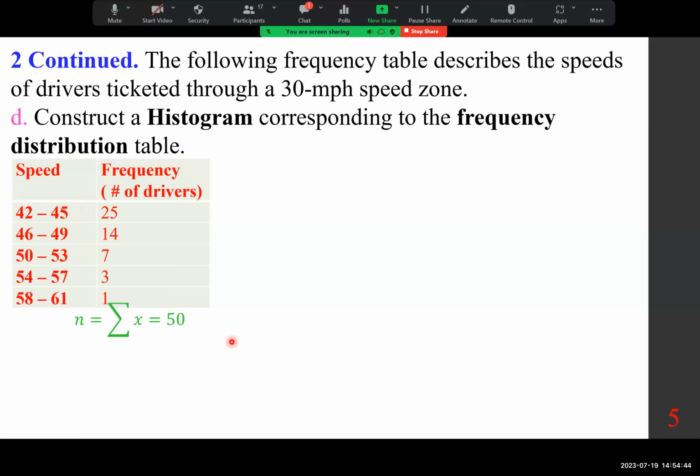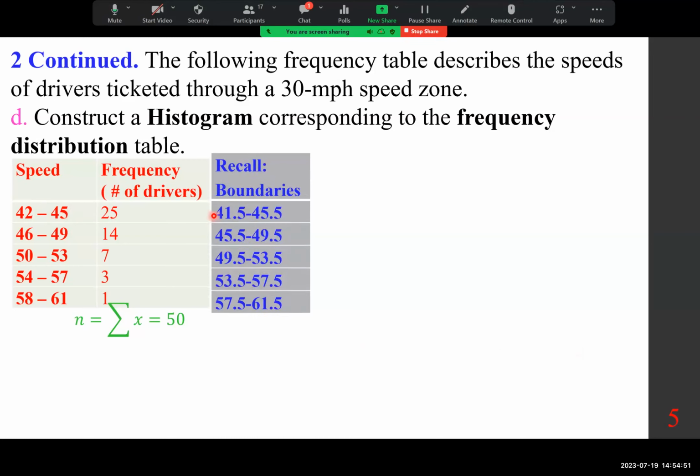So draw a horizontal line and let's just remind everybody what the boundaries are. So 41.5, 45.5, 49.5, so on and so forth. So the first one, 41.5 to 45.5, will have a height of 25. The second one will have a height of 14, so on and so forth.